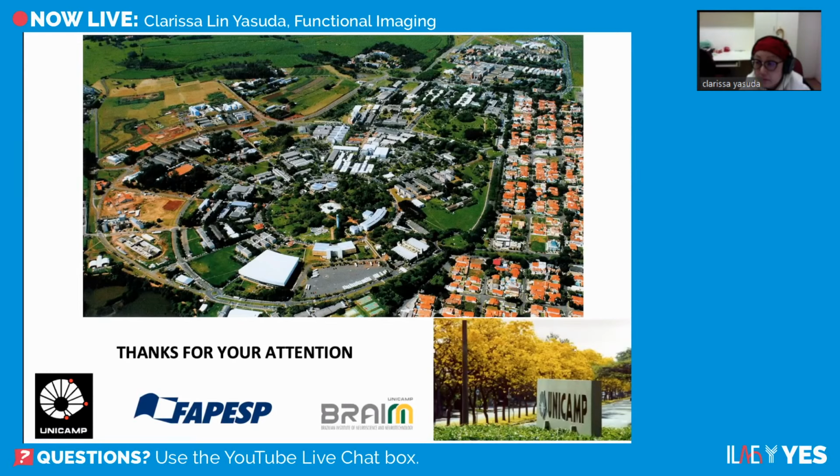Another question: is there any applicability of fMRI for psychiatric disorders in epilepsy? Has it been used to evaluate these disorders in patients with epilepsy? There are some studies that use fMRI to evaluate psychiatric symptoms in epilepsy. We have one resting state study analyzing anxiety in generalized epilepsy.